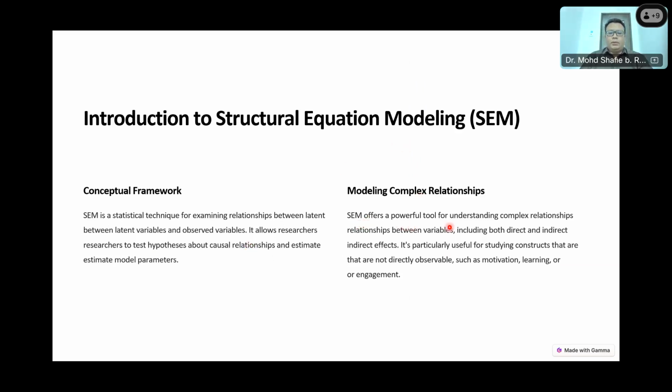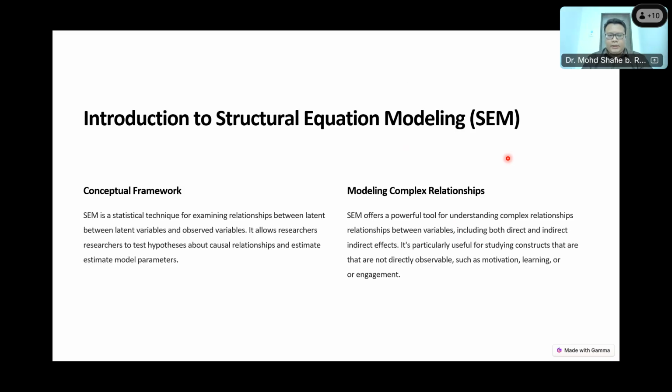SEM offers a powerful tool for understanding the relationships between variables, including both direct and indirect impact. If you go further with structural equation modeling, you have another level, which we call direct and indirect effects.